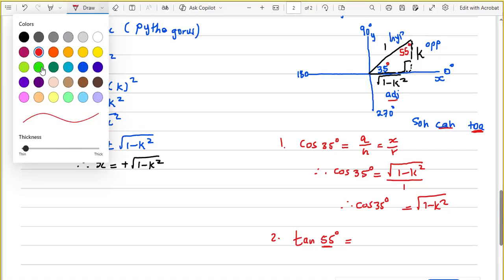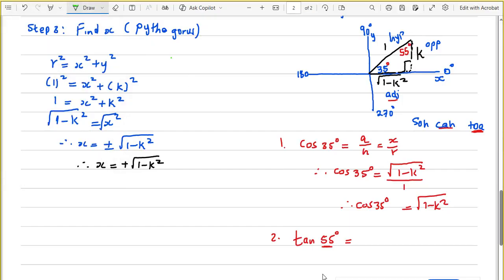Okay, so if that angle is 55 and we are looking for the tan of 55, I'm going to use this angle. This changes everything. This time, this side will be my opposite. And if this is my opposite, we said the 90 degrees is formed by opposite and adjacent, so this side will be adjacent. But the hypotenuse will always be the hypotenuse.